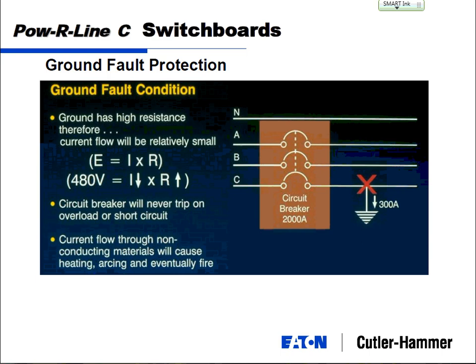This 2,000 amp breaker will never trip under that ground fault. That's going to continue to ground and arc. Sparks are flying, and eventually it's either going to burn itself out, which you're hoping, or more likely some of the non-conducting materials are going to catch on fire, whether insulation or some other part of your building, and that's where your incident is going to start.